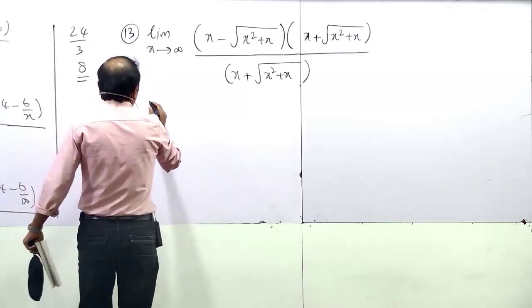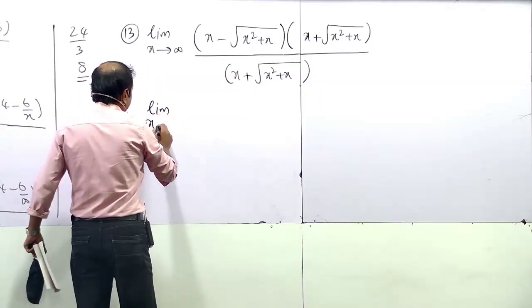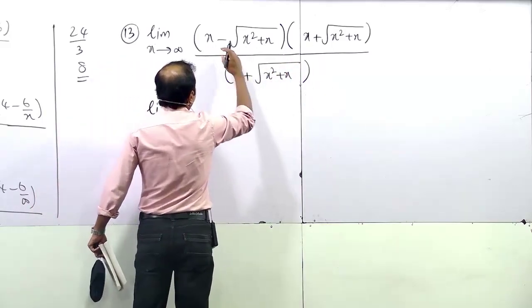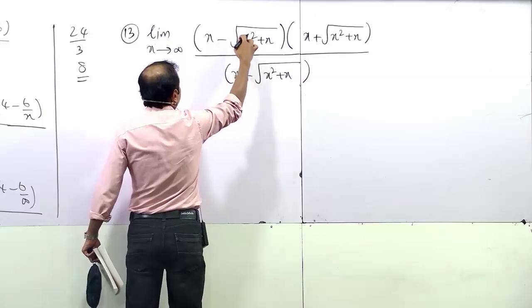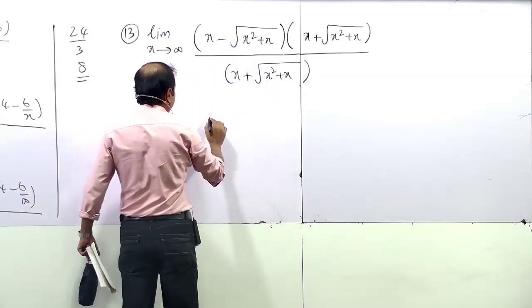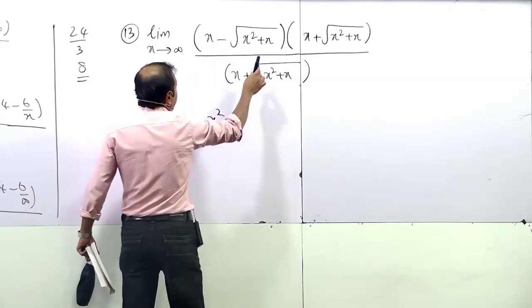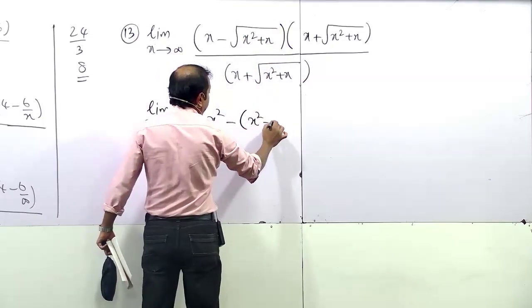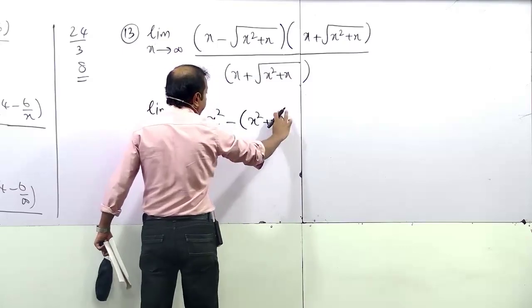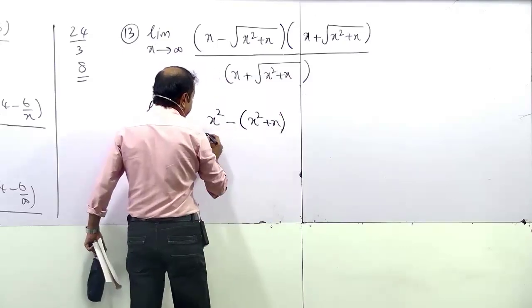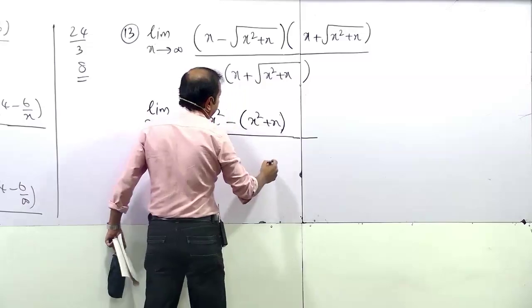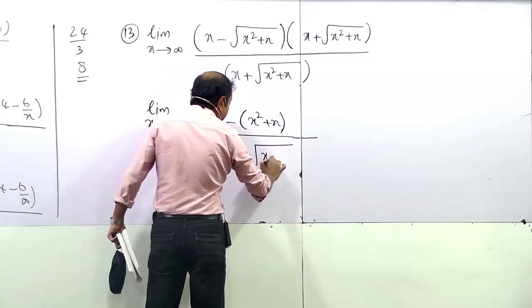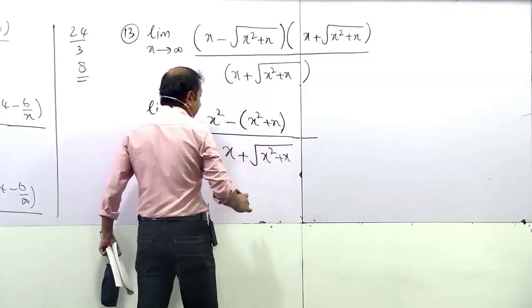Yes. Limit x goes to infinity. A minus B into A plus B means A squared minus B squared. A squared means x squared. Square of this will eliminate the root, x squared plus x, divided by x plus root x squared plus x, in the numerator.